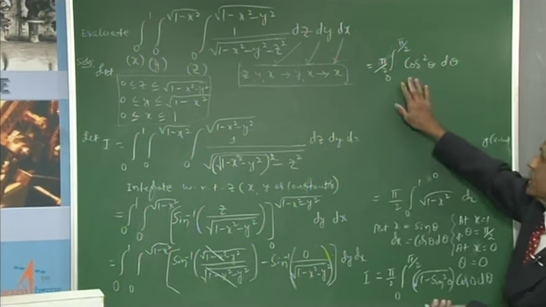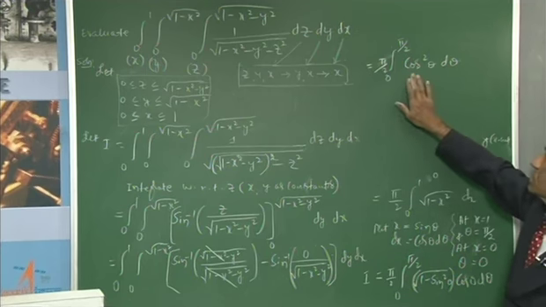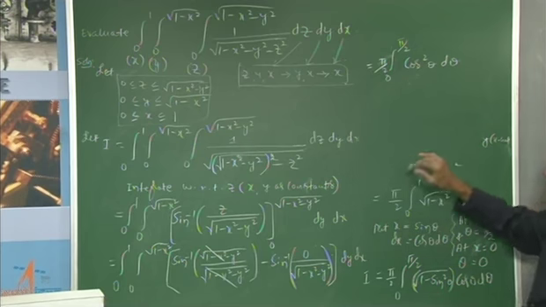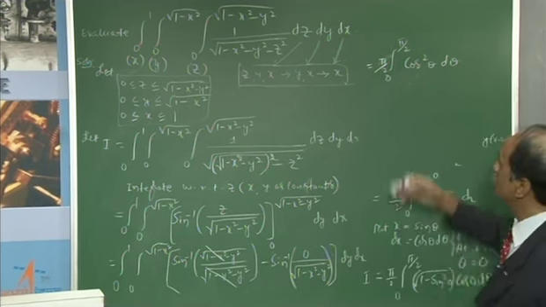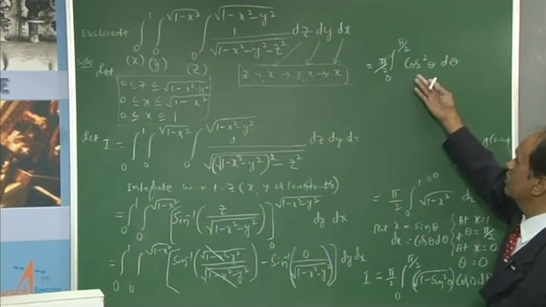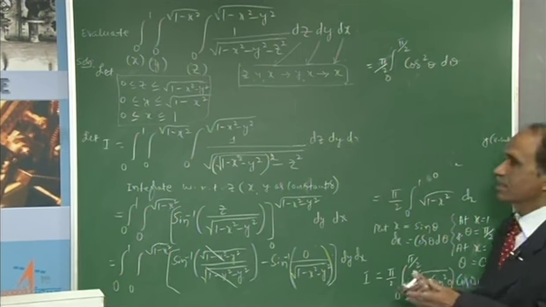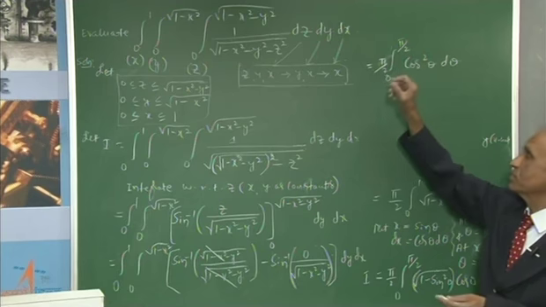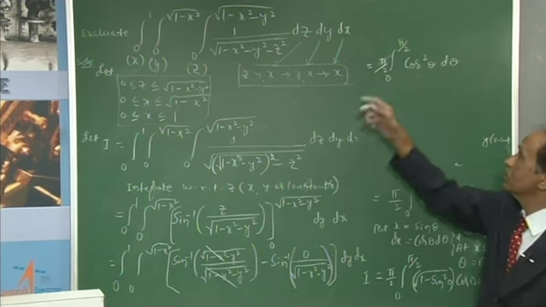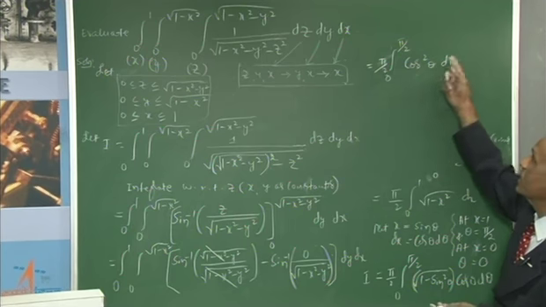You have two options again. One is the reduction formula you can apply, otherwise cos square theta you can transfer in terms of the trigonometric formula, that is 1 plus cos 2 theta divided by 2. Trigonometric reduction formula with cos theta: the value of the definite integral 0 to pi by 2 of cos to the power n theta d theta, where n is even.